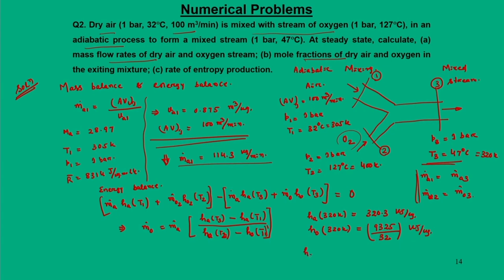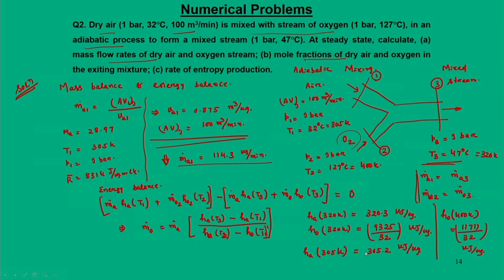Similarly, HA for 305 Kelvin, that is the inlet state for air, this value is 305.2 kilojoule per kg, and HO at the inlet state 400 Kelvin is 11711 divided by 32 kilojoule per kg.